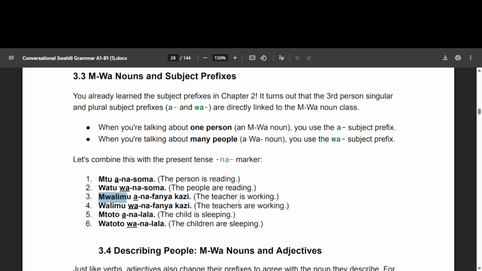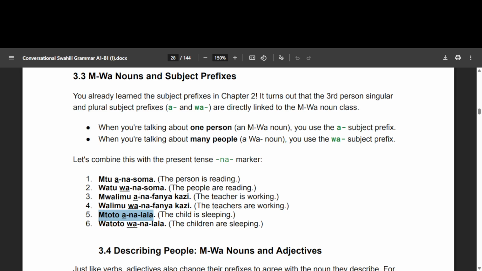The teacher is working. Walimu wanafanya kazi. The teachers are working. Mtoto analala. The child is sleeping. Watoto wanalala. The children are sleeping.